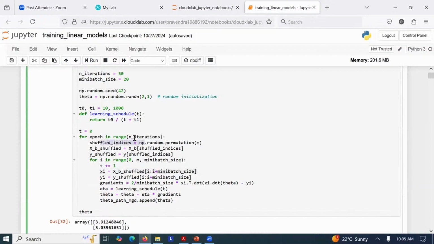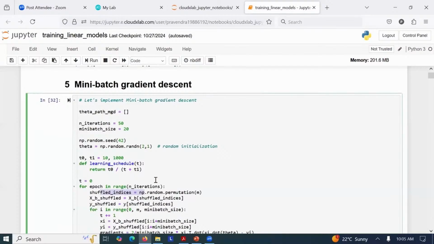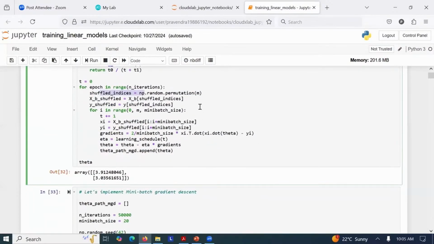So let's say we have m number of data points. First we will create m random indices, right? So this shuffle indices will shuffle and give you the shuffled indices.